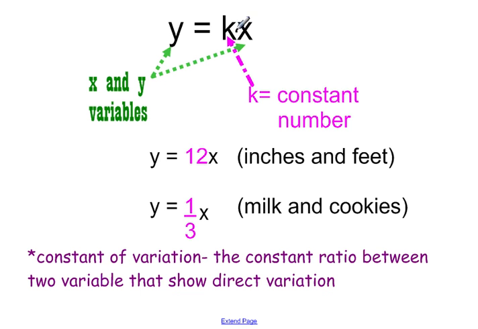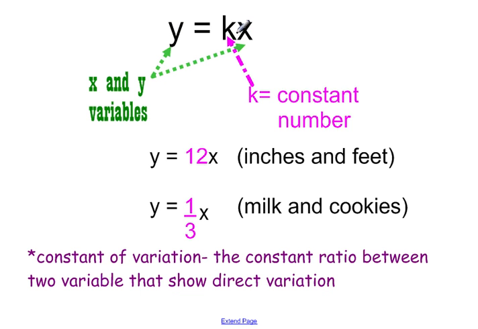I'm going to show that little multiplication dot there. You can write it in your notes. I'm going to erase it though, because you know we don't show that in algebra. We just know that two things written right next to each other are assumed to be multiplied together. So in this definition, we have two variables, x and y.